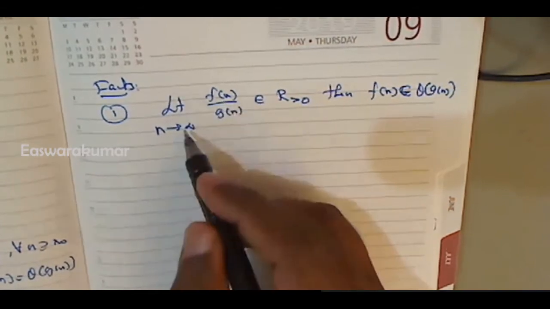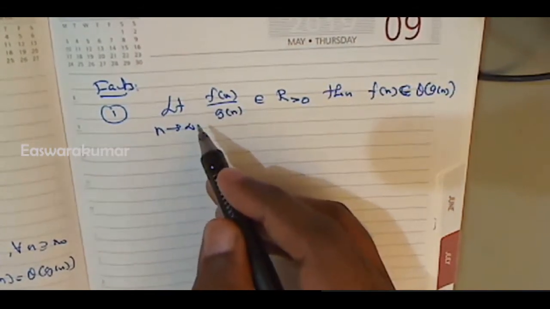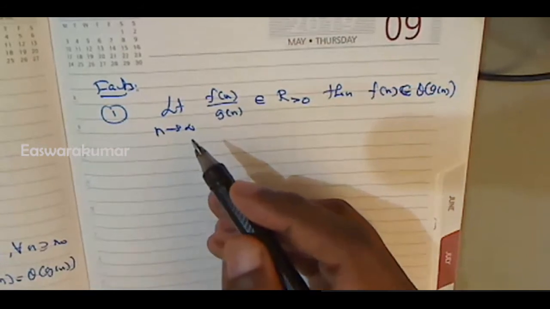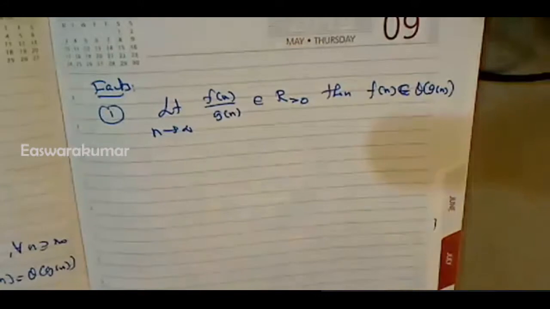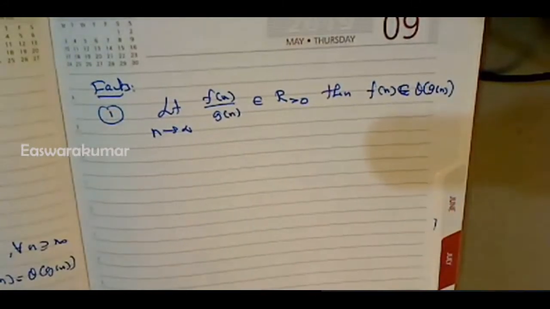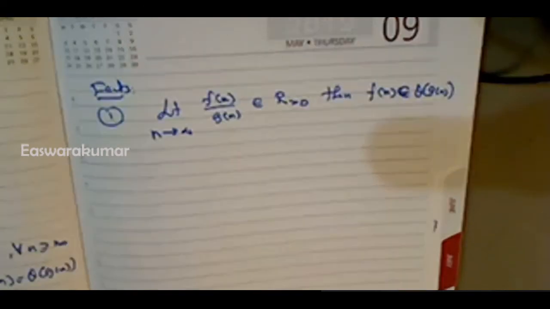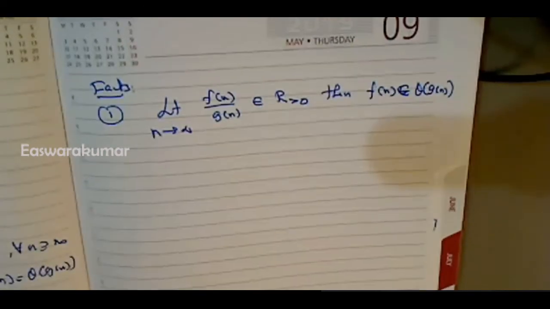So whenever we are using the variable, you have to think that this is the size of the input, but you should not consider it as some arbitrary variable that we use in mathematics. The mathematical idea we need, but at the same time we have to associate it with the algorithmic concepts, what the algorithm denotes. That's what you have to observe, and based on that, you have to see the remaining things.